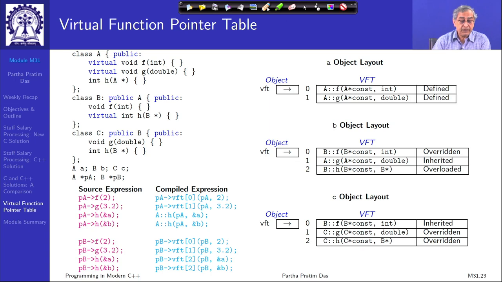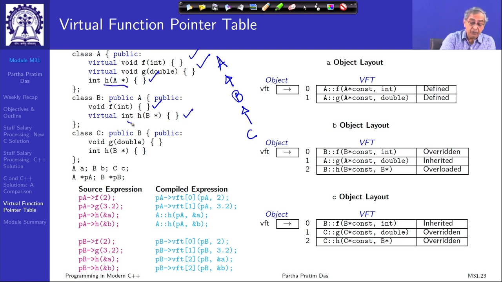So, before I close, here is a little bit longer example. This we had seen before. C is a B, B is an A, and we have two virtual functions here, one non-virtual. Here f has been overridden, G is simply inherited, and H has been overridden plus overloaded, because the parameter type has changed.